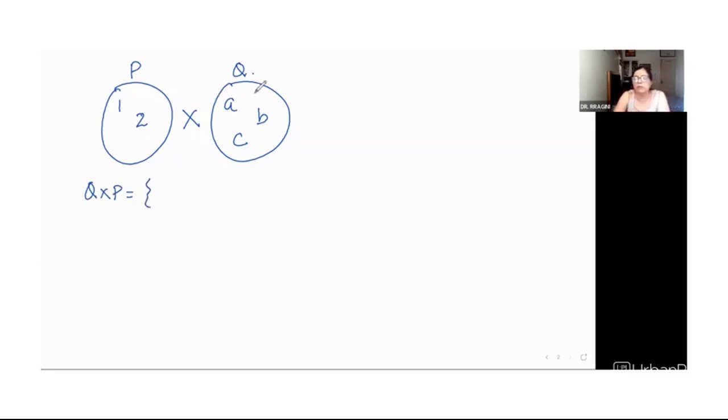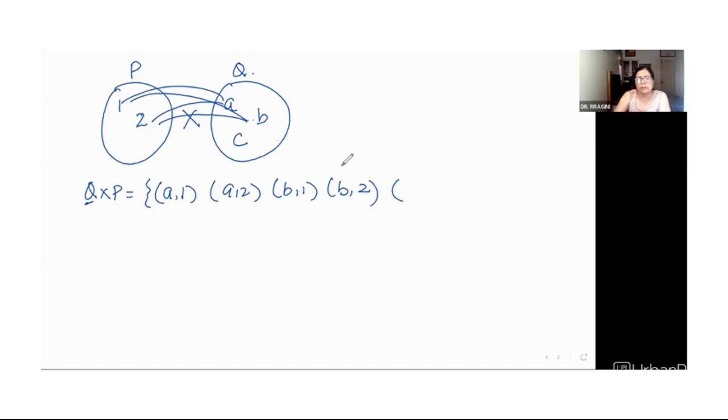That means every element of Q has to be connected to every element of P. This way, A1, A2. Write A first and then 1, because elements of Q have to be written first. Then B1 and B2. Right? And finally C1, C2.